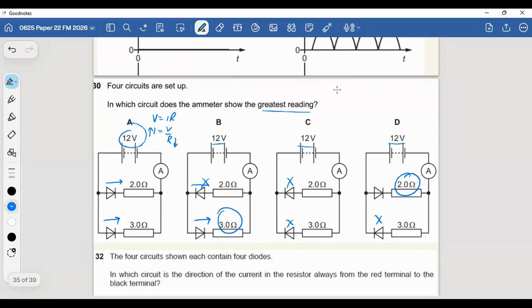These are connected in parallel, so the total resistance will be R1 times R2 over R1 plus R2. So 2 times 3 over 2 plus 3, that is 6 by 5, which is 1.2. So this one has the lowest resistance compared to the others, so this will have the maximum amount of current through it. So option A is the perfect option.